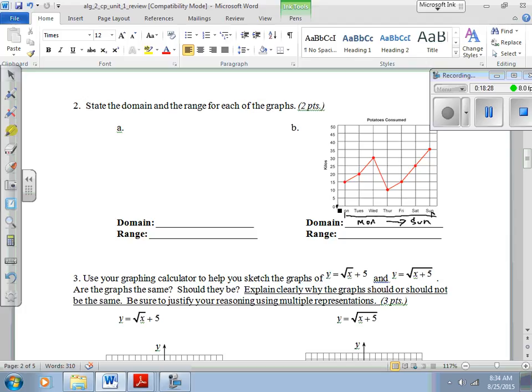0 is not part of the range. 10 is the minimum y value on the graph, because the graph lies on it. The lowest point is this point, right? Yeah. And which one is the highest y point? 35? Yeah. Your range is between those numbers.